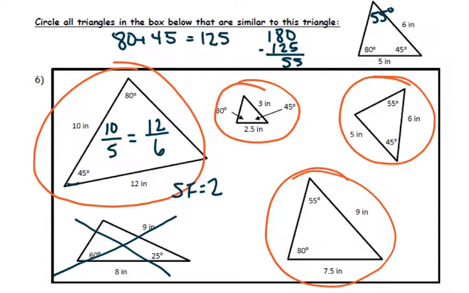Okay, in this smaller one, the side length of the image between 80 and 45 is 2.5. And its corresponding side in the pre-image was 5 between 80 and 45. So 2.5 divided by 5 is 0.5 or 1/2. So that is your scale factor.